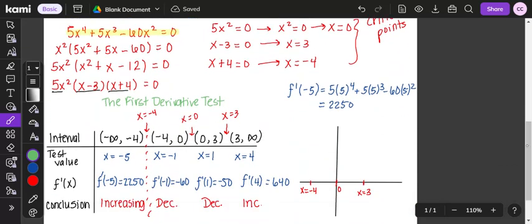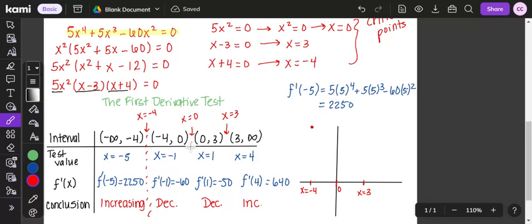So my point where my hill happens is going to be at -4 comma way up here, 569, right? Okay, so there is my first, and it looks like I went from increasing to decreasing.